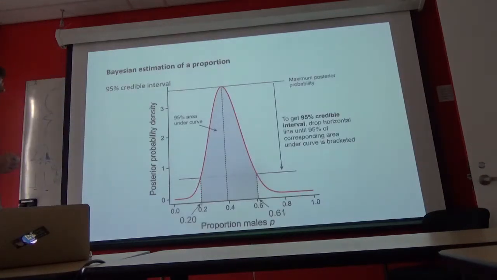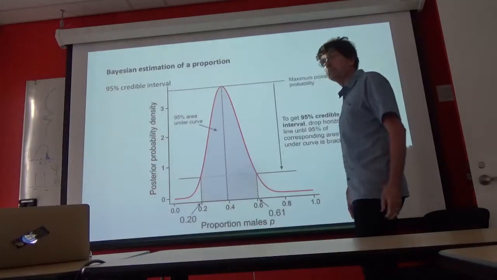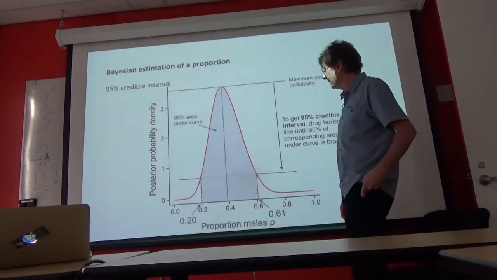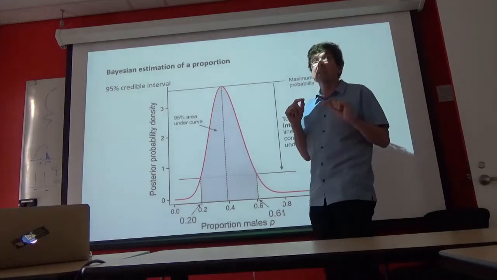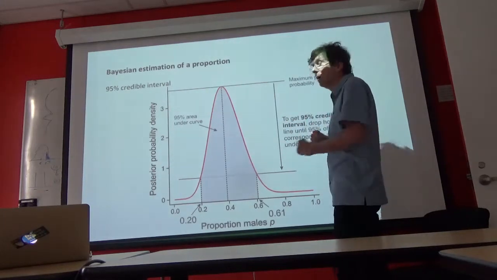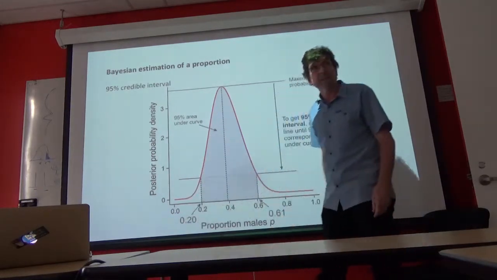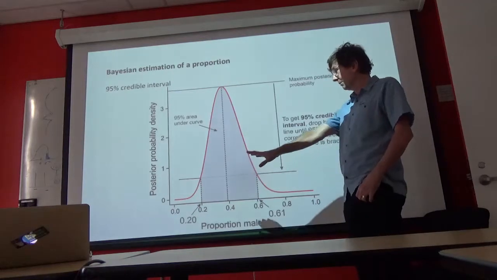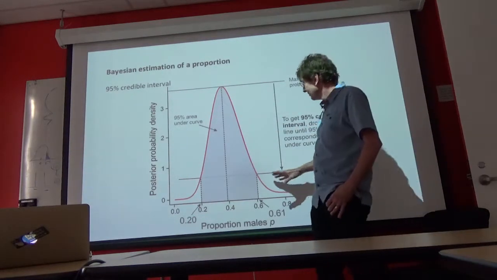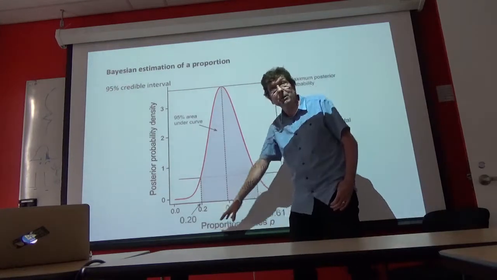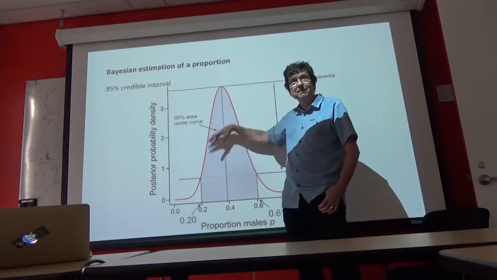But I wanted to first show you, remember how you calculate the likelihood-based 95% confidence interval using the likelihood function. I also stressed earlier that the likelihood function is not a probability distribution. Okay, now it is. This is the posterior probability distribution. If we just completely throw our definition of probability out the window and accept an entirely new one, we now define the variable that we're interested in, the proportion males, as a random variable.